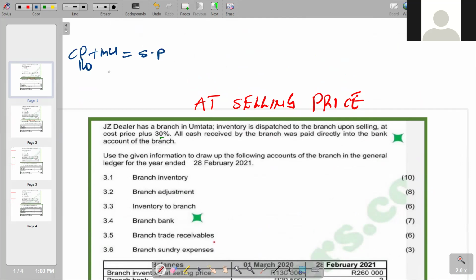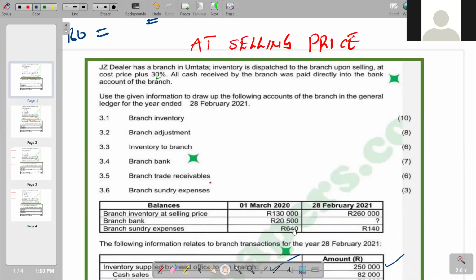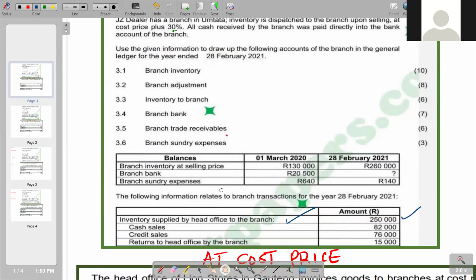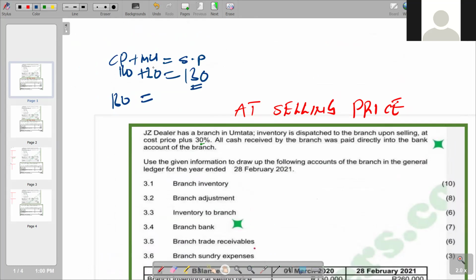So our markup in this case is 30% to get a total of 130%. So the figure that we are given is 250,000. It's our 130%. So we are saying 130 is equal to the figure that we have, 250,000. So the figure that we are looking for is the 30% of markup.